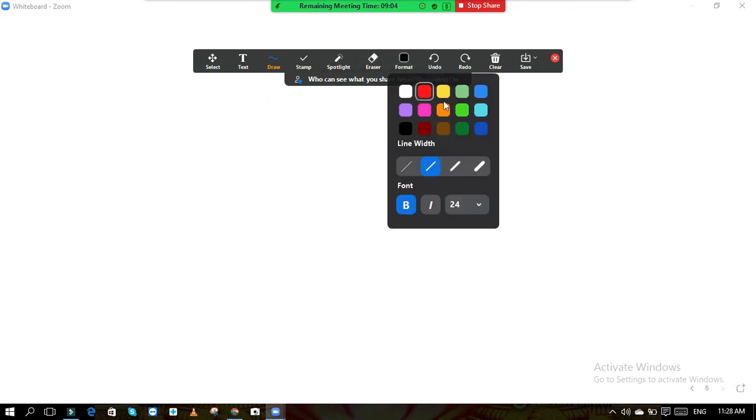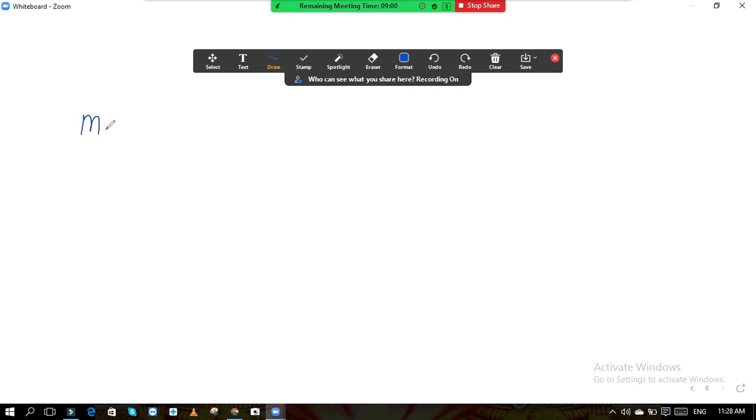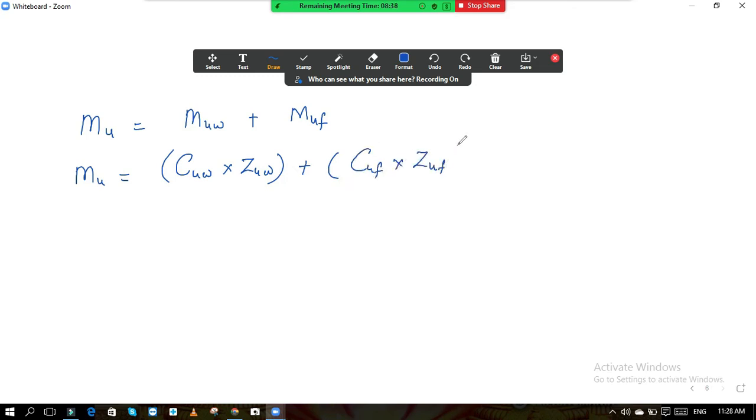So now the moment of resistance Mu is equal to Muw plus Muf. What is Muw? It is Cuw into Zuw, that is, compressive force into lever arm, plus compressive force of the flange into lever arm of the flange. Therefore Mu is equal to 0.36 fck bw xu into d minus 0.42 xu.